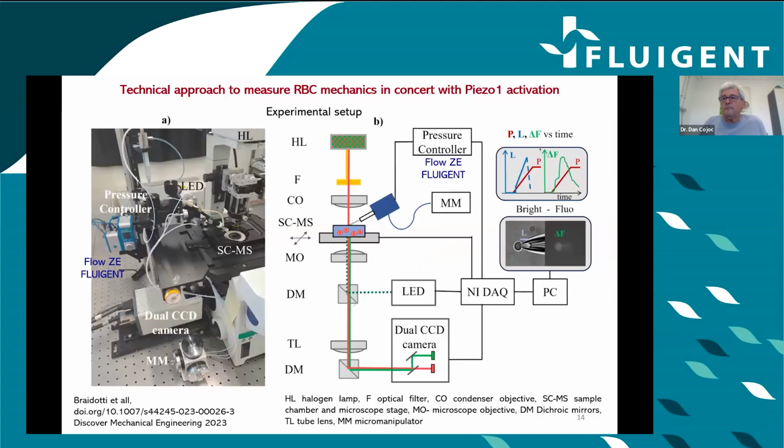Now, how we implemented this technique in our lab: as you see in the scheme of the experimental setup, we have an inverted microscope. Here is the sample with red blood cells. We illuminate the samples in bright field to follow them when they are sucked into the pipette. And we block this with a yellow filter.